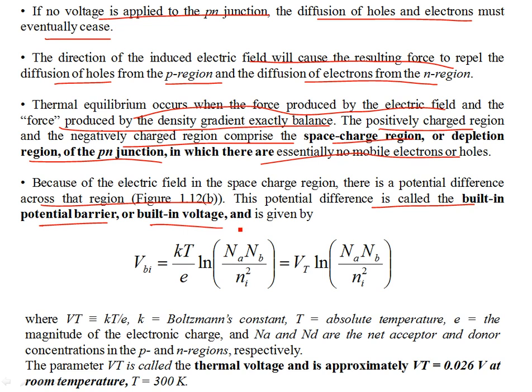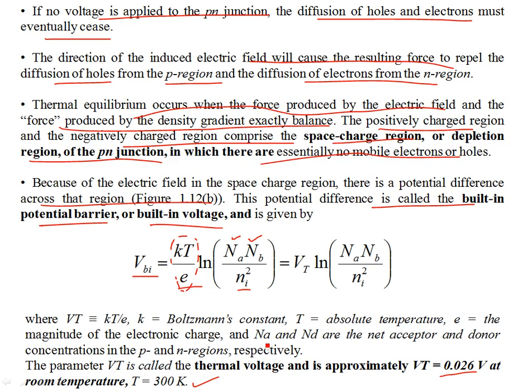So due to the acceptor and donor concentrations Na and Nd on either side, and assuming thermal equilibrium conditions, we have this barrier potential, which can be expressed in terms of the Boltzmann constant, temperature, and the charge. This quantity is the thermal voltage, which is about 26 millivolts at the room temperature of 300 kelvins.